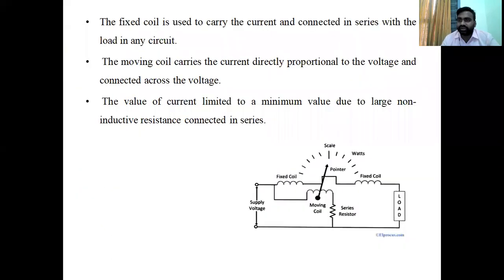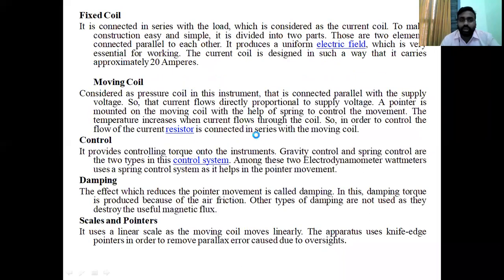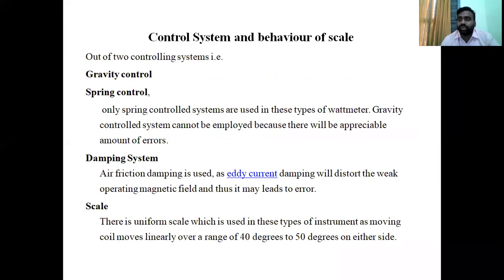Next we discussed the construction: how the electrodynamometer type wattmeter is constructed, how the fixed coils are constructed, how the moving coil is connected, and how the needle is connected to the spindle. And next we analyzed the general working, and we derived the torque expression, and we discussed the behavior of the control system, spring control and damping control, and the behavior of the scale.